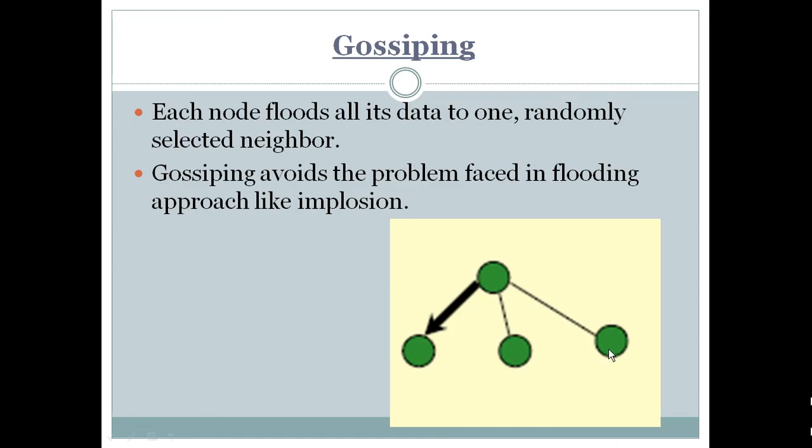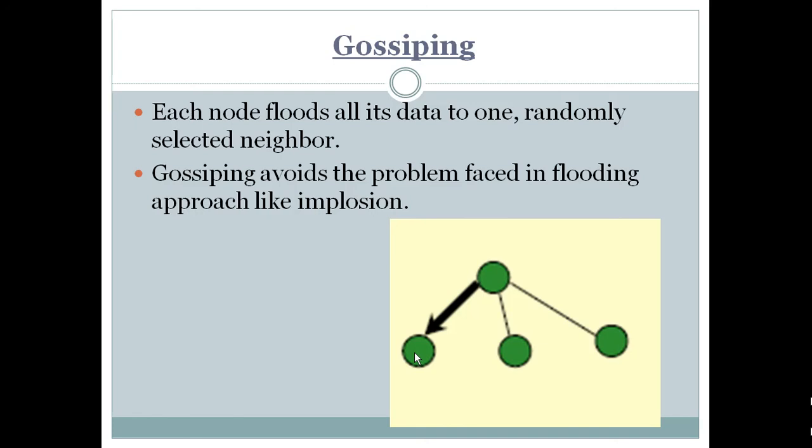Here, a single node will send the data to any particular node. And this node is not particularly decided, it is chosen randomly from the neighboring table. Right? So the packet is sent to a single neighbor node chosen from the neighboring table randomly, instead of broadcasting each packet to all the neighboring nodes.